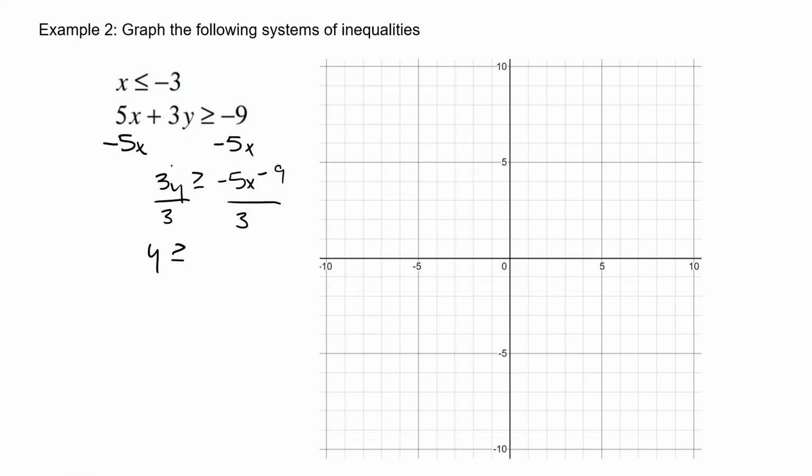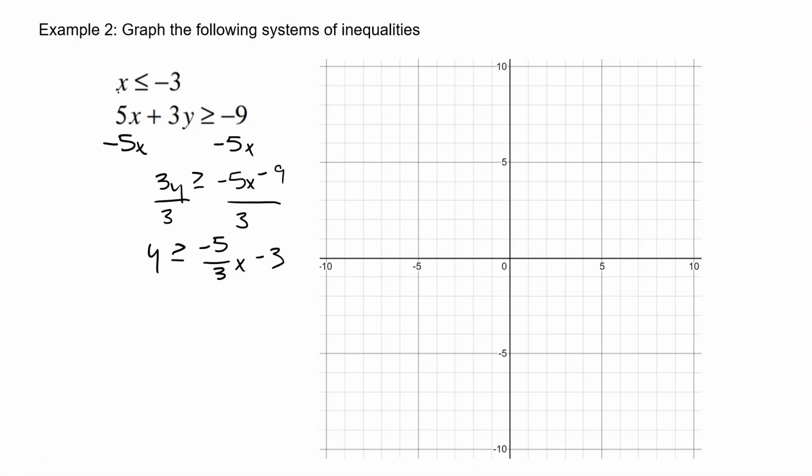When you do this, remember the rule for dividing by a negative number that flips the inequality. That's not the case here. We're dividing by a positive number, but you will see some examples, most likely, where you divide by a negative number and then your inequality gets flipped. So don't forget about that rule. So I got y is greater than negative 5/3 x minus 3.